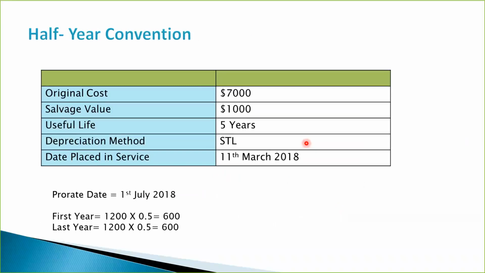Well, it should have been August, I believe, of July, yeah. So 6 months, all right? So starting July 2018 is 6 months. Let's say that's half the year, all right? So the depreciation expense for the first year is going to be 600.